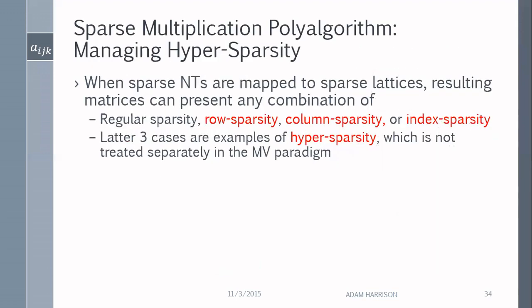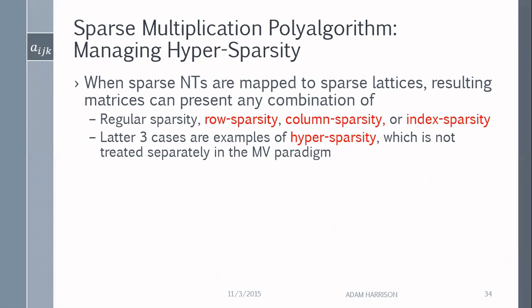In addition, we also developed an efficient way to multiply sparse numeric tensors. Our multiplication involves mapping to lattices, sequences of matrices. We realized that we could categorize the type of sparsity beyond the way that it's normally looked at in the matrix vector paradigm.